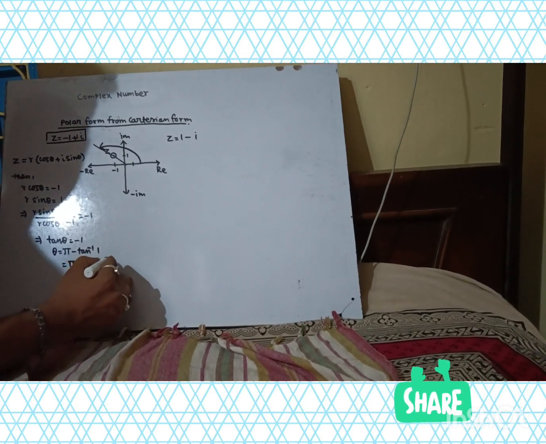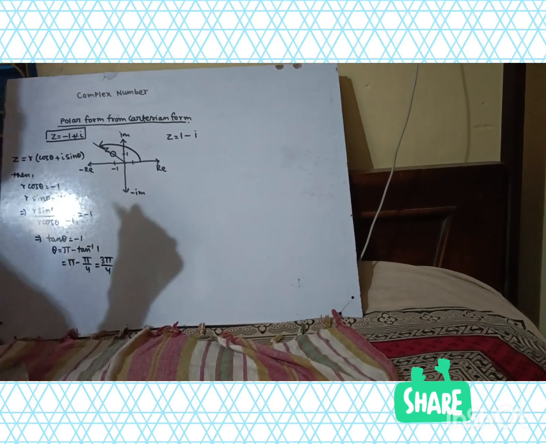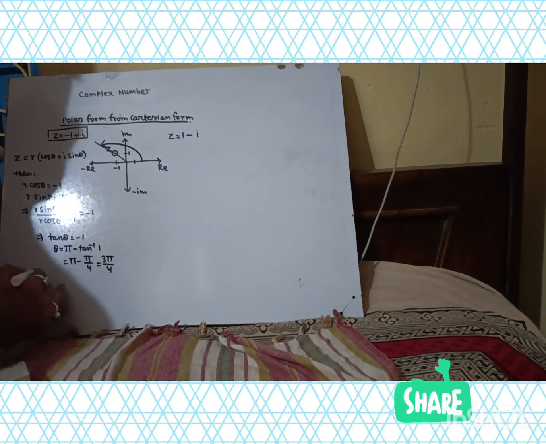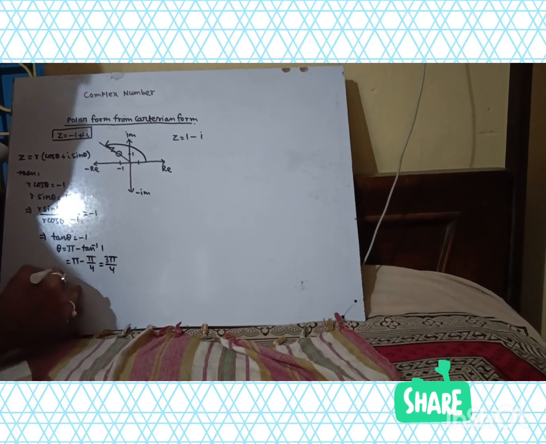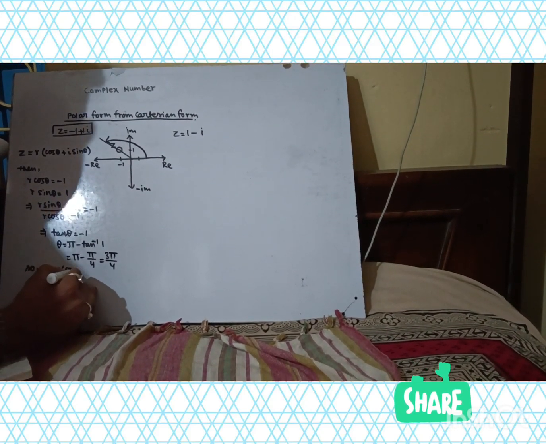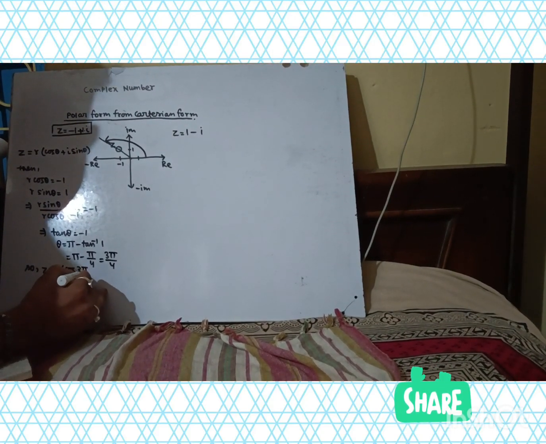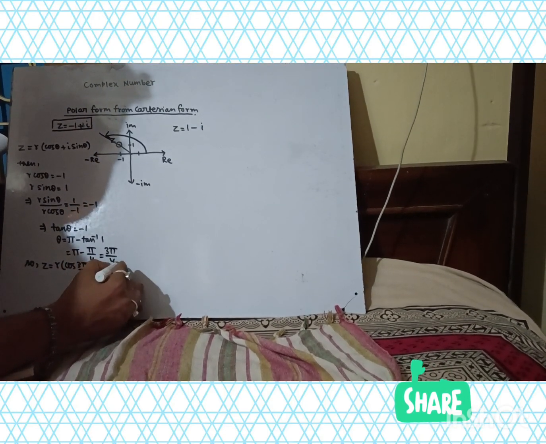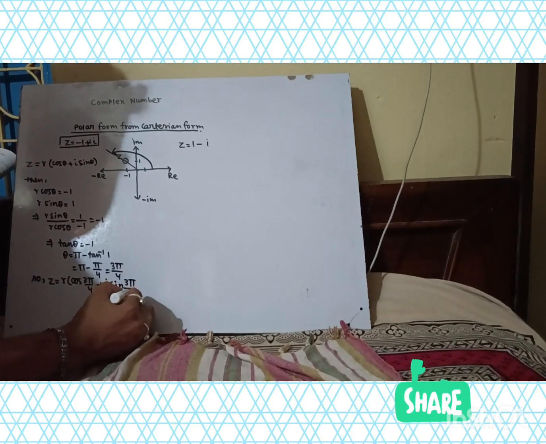That is 3 pi by 4. So z is equal to r (cos 3 pi by 4 plus i sin 3 pi by 4).